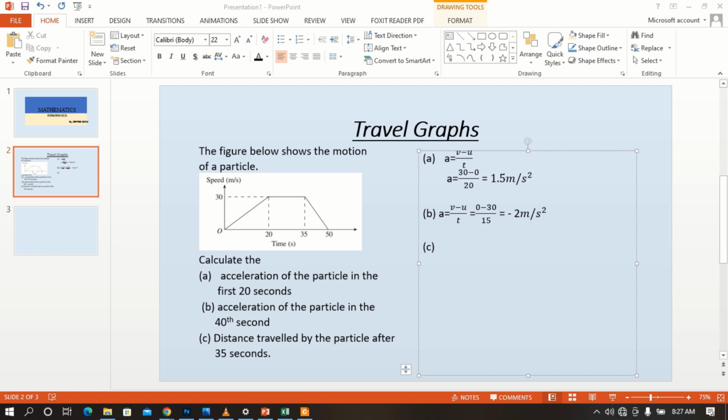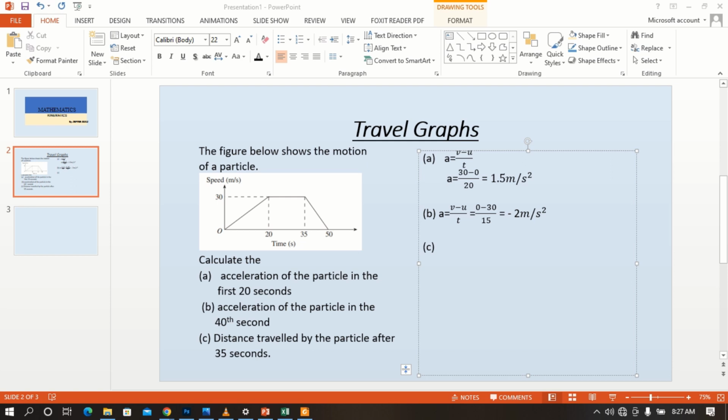But remember, we moved from 30 to the initial. Because we don't know the actual speed at the 40th second, but because the gradient is just the same, we use the 50. So 50 minus 35, that's how I obtained the 15.